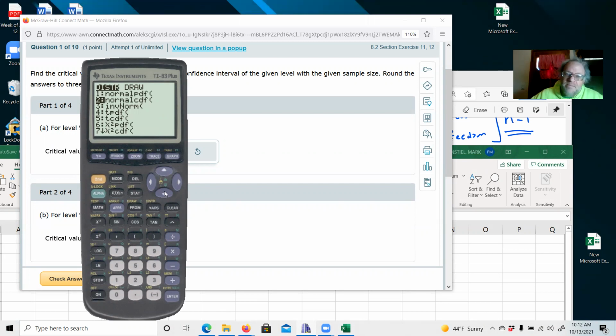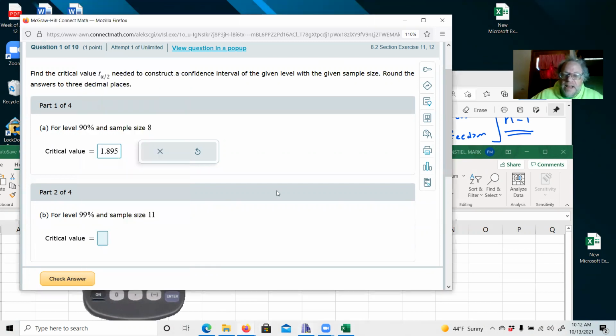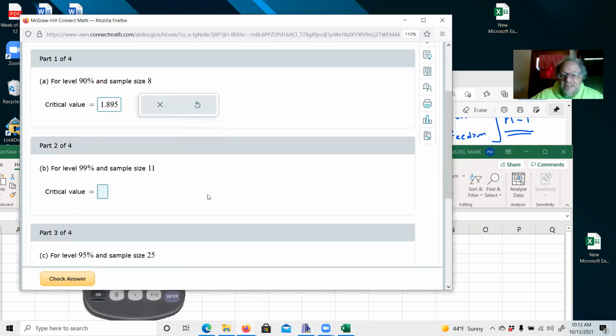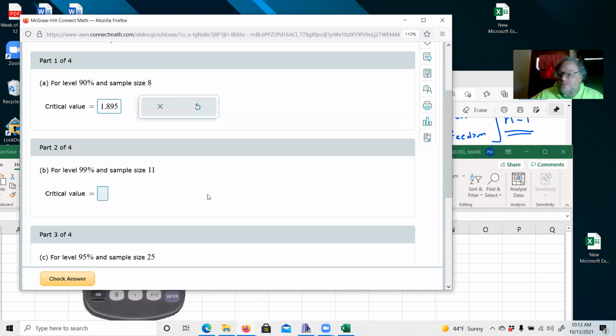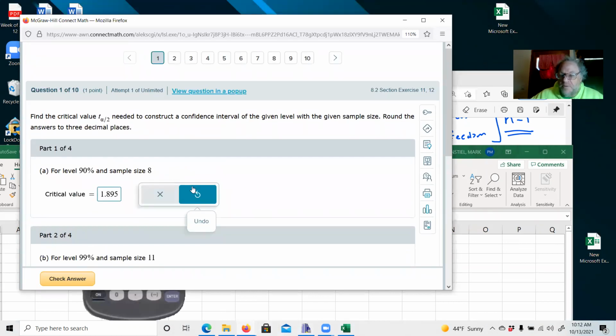If you have the 83, you're going to have to go to Excel to do it. As such, I'm not going to ask you this question, because it's required that you have Excel available to you, or a chart, and you have to learn how to read the chart. So that's what we have.